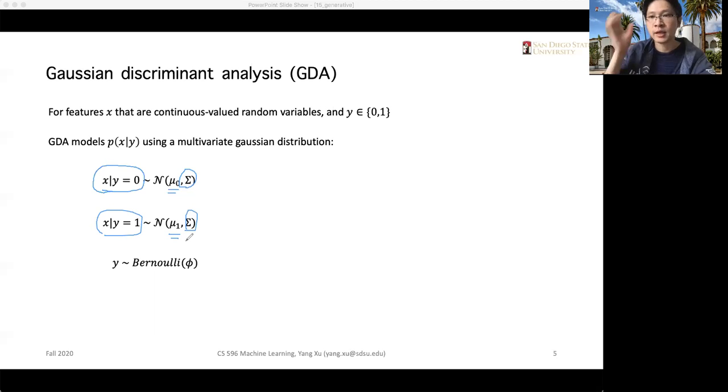Here we assume that they have the same covariance matrix. And the label y itself is also drawn from some distribution. Here we assume that the random variable y is drawn from a Bernoulli distribution. A Bernoulli distribution is a commonly used distribution to describe a binary outcome, either 0 or 1. It's like the probability of tossing a coin.